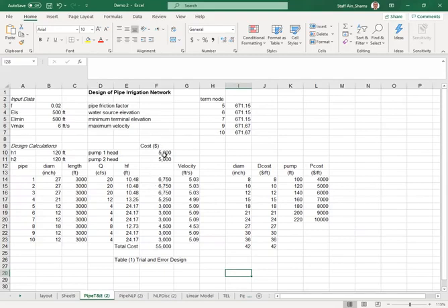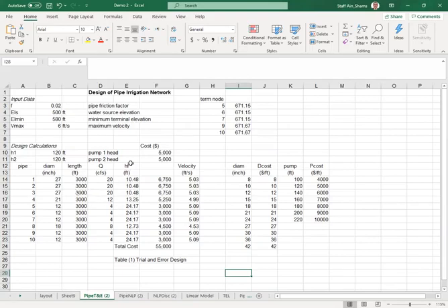The cost of pumps is shown here, but because pipe diameters and pump heads cannot be continuous variables, we have to choose the values for cost of pipes and pumps from a table, where these are the available diameters in the market and the available pump heads in the market with the corresponding cost coefficient.